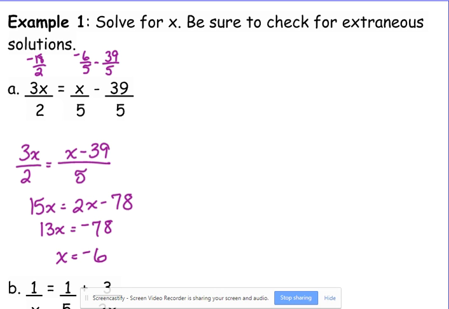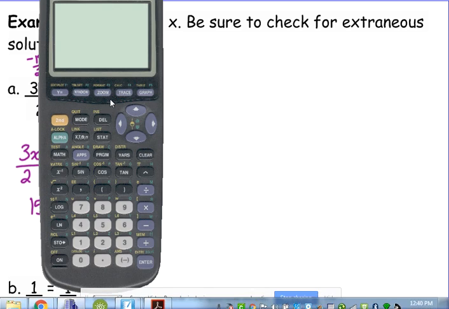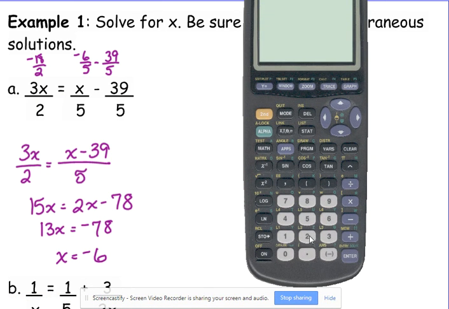Wait, something didn't check out. That's not 6, is it? What's 78 divided by 13? It is 6? Hang on. 2 times 39. Did I do that part right? Okay, what's wrong in my brain right here?